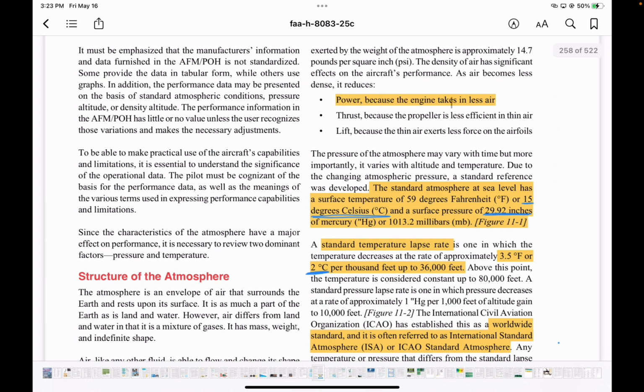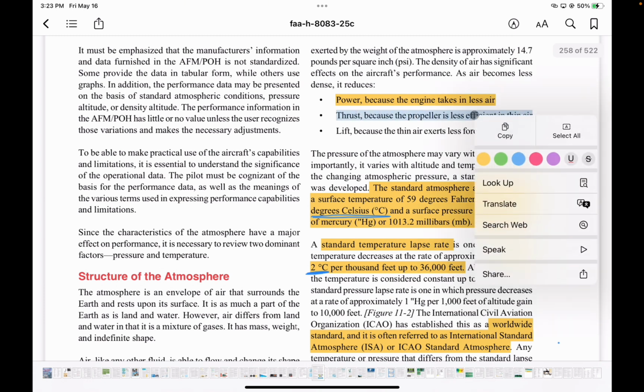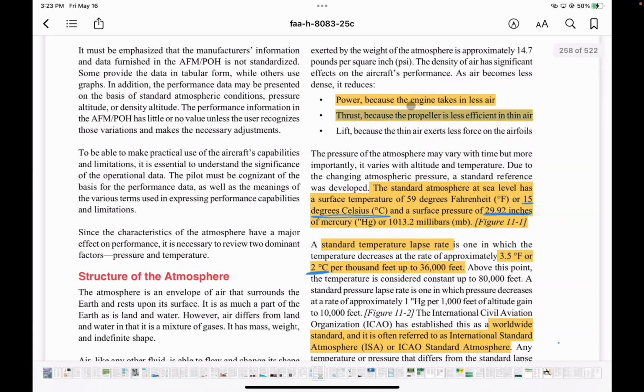Because the engine takes in less air, it reduces the thrust. Less density equals less thrust, and that is because the propeller is less efficient in thin air. Less density means less lift, and that is because the thin air exerts less force on the airfoils. Okay?